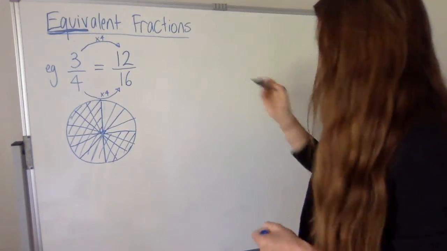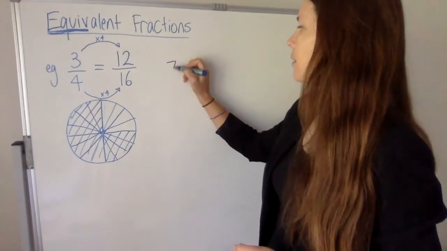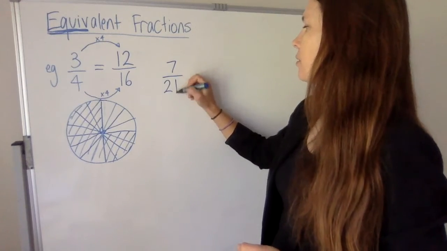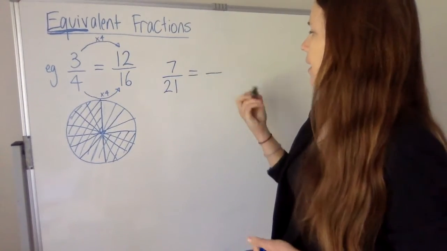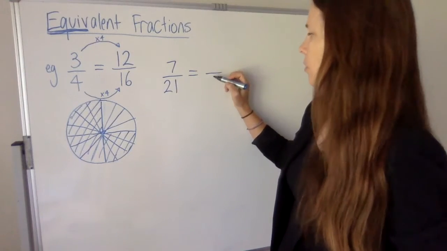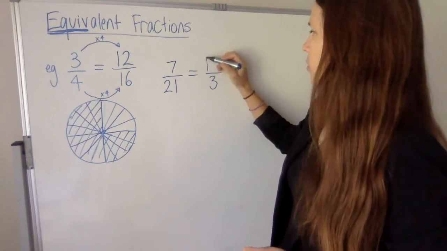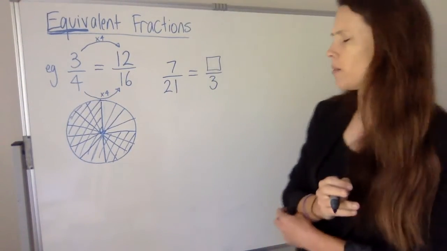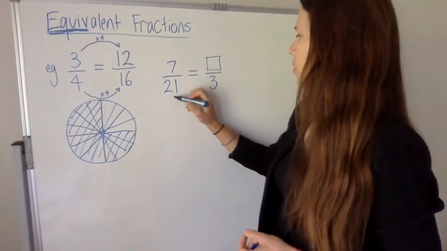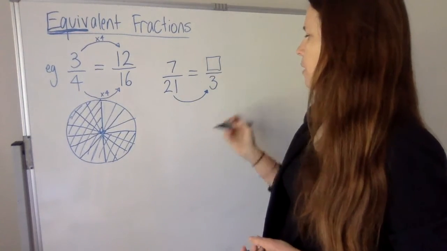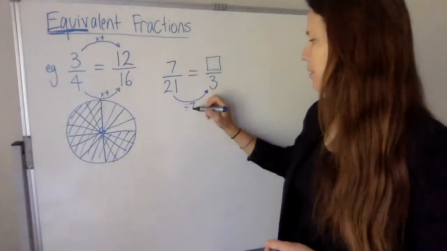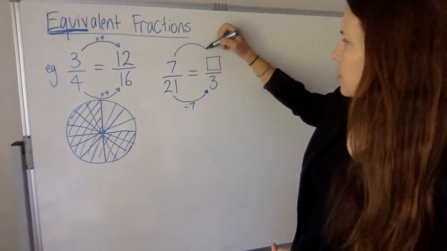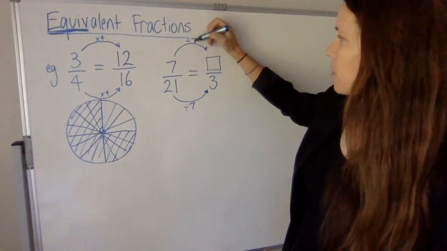If we wanted to take a fraction like 7/21, we could say, what is that equivalent to? Well, sometimes you'll see a question like this and you'll be thinking, oh, I want to make this into thirds. Well, what happened to the bottom? 21 divided by 7 is 3. So whatever happened to the bottom, the same has to happen to the top.